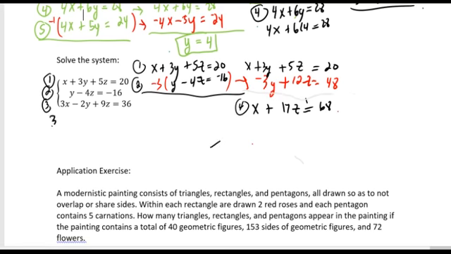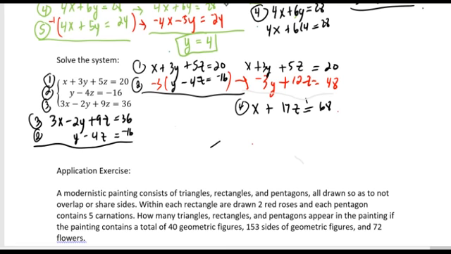So the third equation is 3x minus 2y plus 9z equals 36. So again, you want to use the equation that we haven't used. And then the second equation, I'm going to use it to help me eliminate the same variable, which in this case, we're eliminating y.